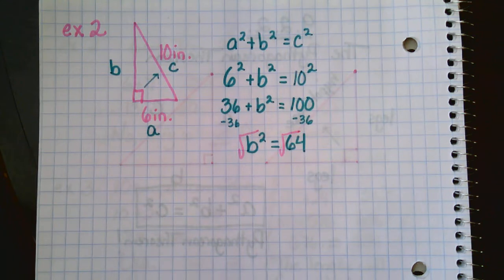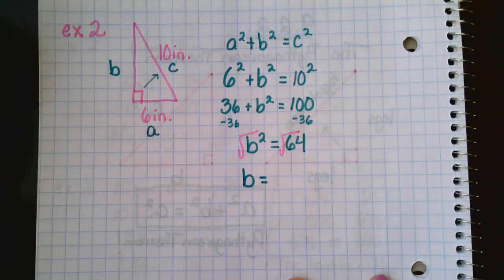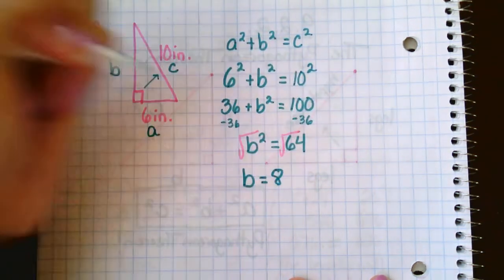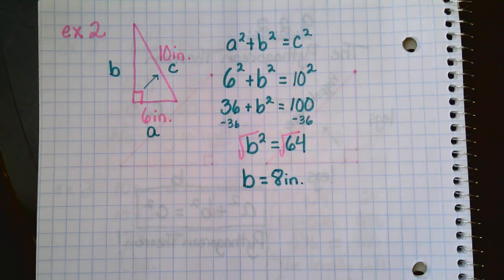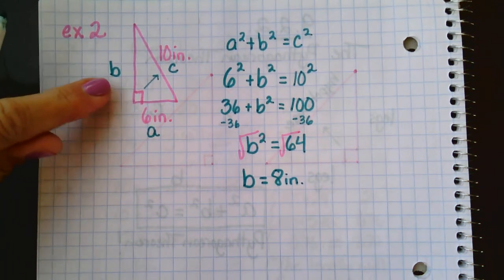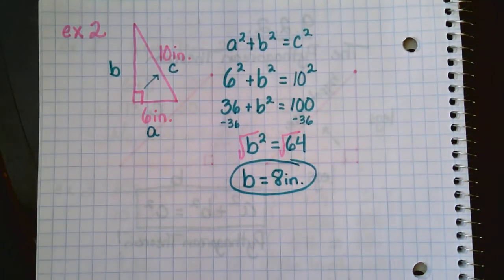If we take the square root of each side, we find that the length of side B is equal to 8. And our units in this problem are inches. Side B is equal to 8 inches.